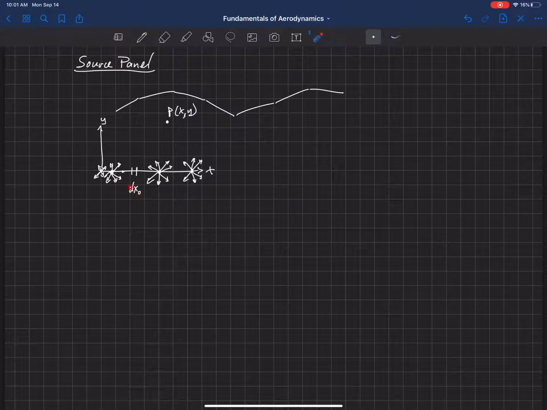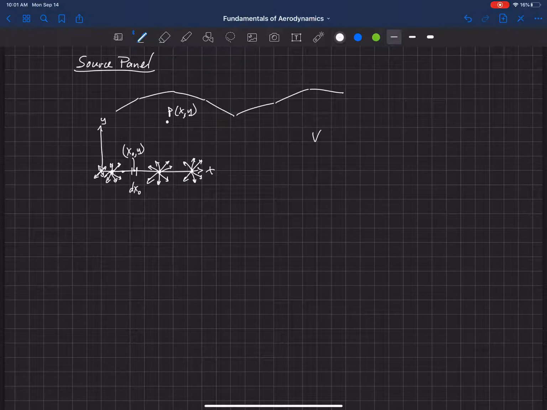So we'll use x naught as the variable of integration, and we're looking at some point here that's x naught comma y, and we're going to integrate along the length of this panel.